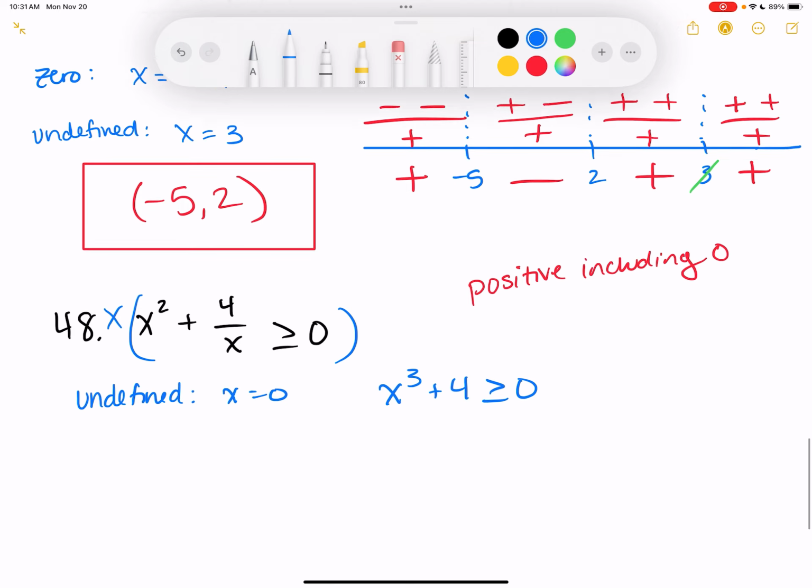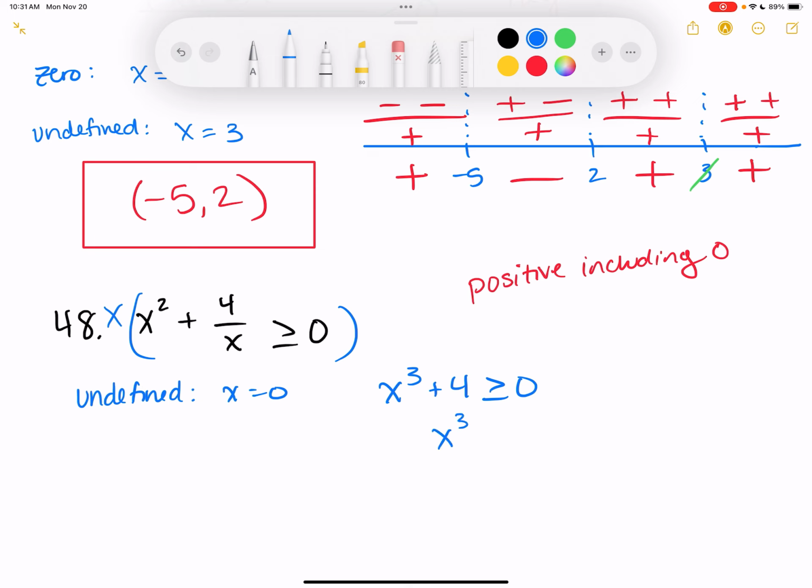So now if I solve this, I have x cubed is greater than or equal to -4. So x is greater than or equal to the cube root of -4. Now, because it's a cube root, it's not plus or minus.